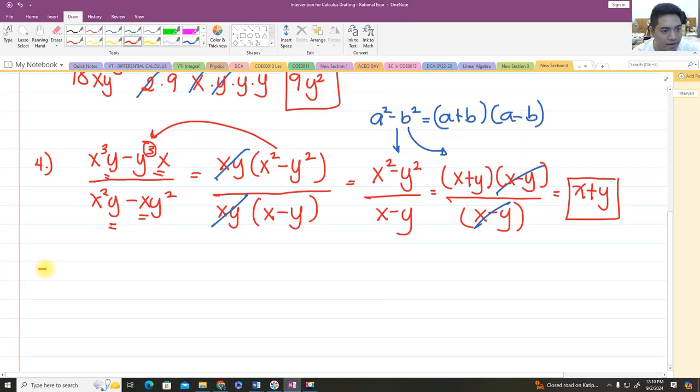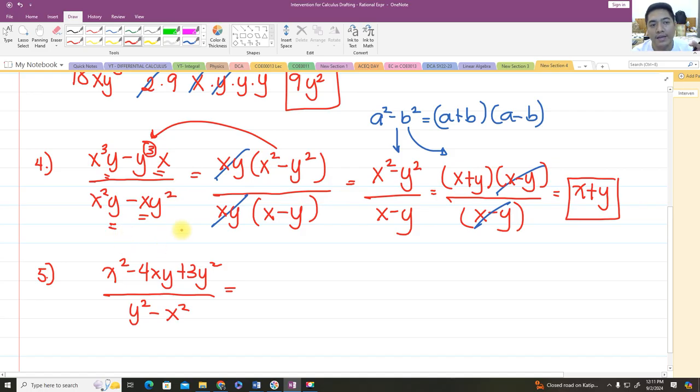So for number 5, we have x squared minus 4xy plus 3y squared, all over y squared minus x squared. So obviously, we can factor out the numerator. We have x minus 3y and then we have x minus y.